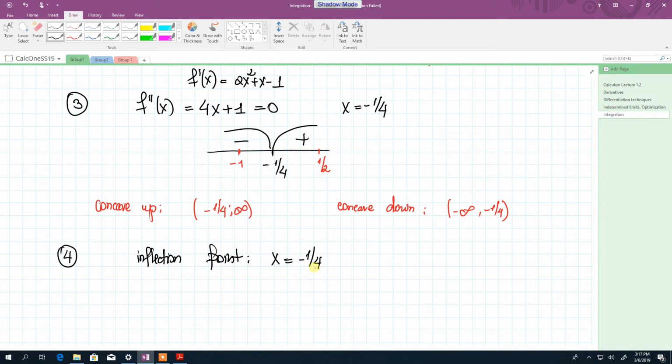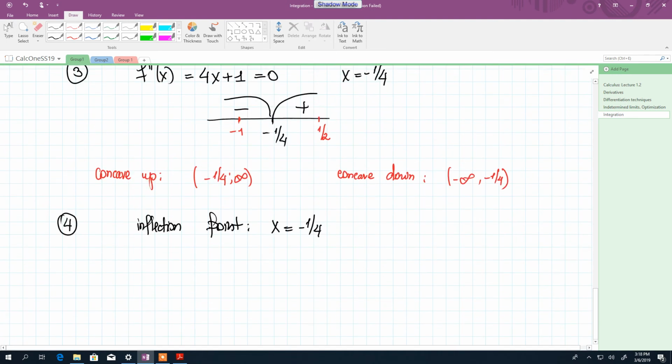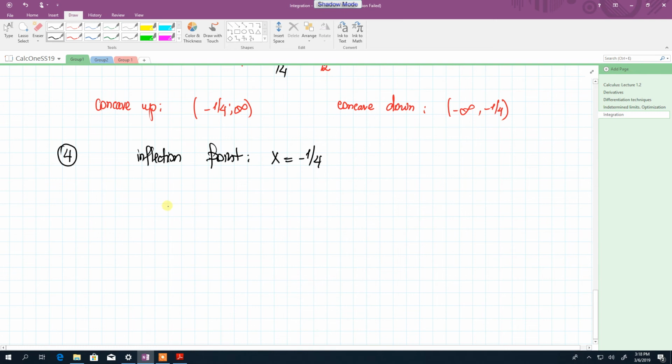Then after, it became concave up, sorry, okay? So if I ask you to sketch the graph of the function, what would you do? You know that at minus 1 over 4, right? Or let me draw it like this.